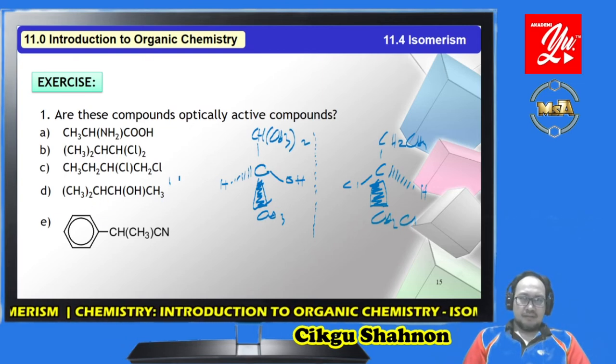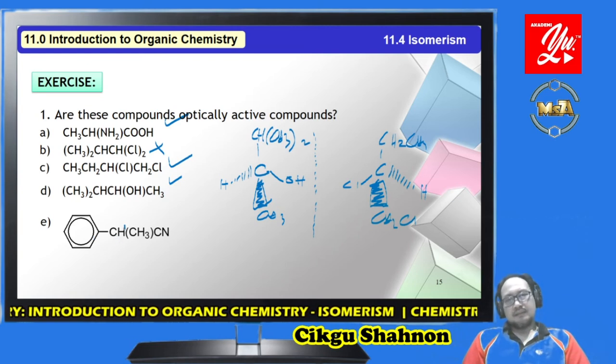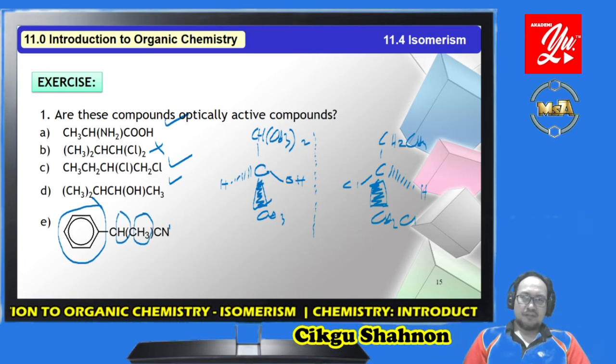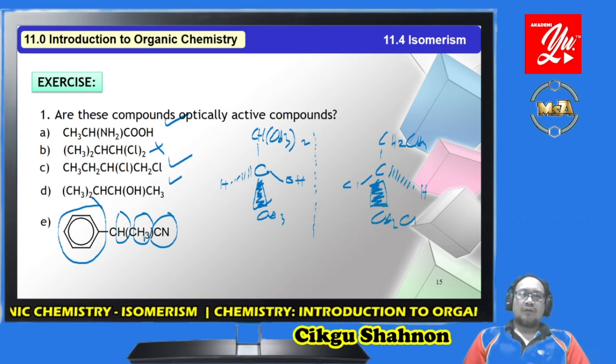And here is no, this is also, and for this one also yes. We have a benzene here, we have an H, we have a CH3 and CN. 1, 2, 3, 4. This is also a chirality center.